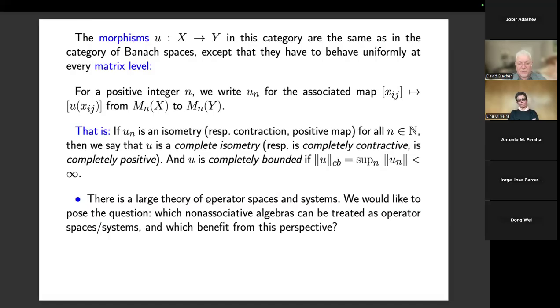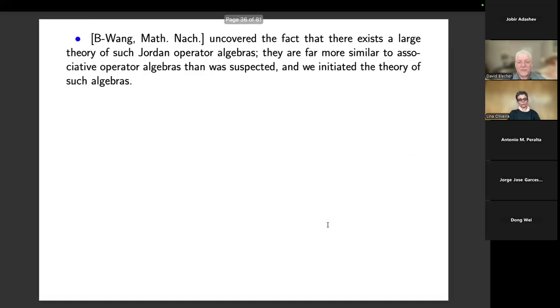And this theory of operator spaces and systems is a very large theory. As I said earlier, maybe one of the most interesting things I can say today is which other non-associative algebras can be treated as operator spaces and systems.